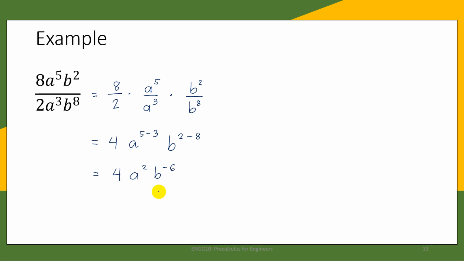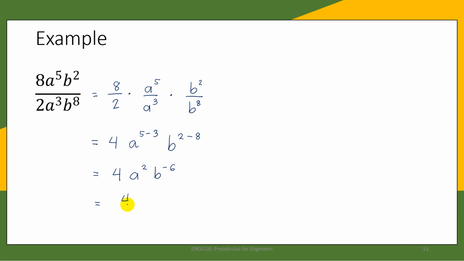This is not yet simplified because of the presence of the negative exponent. So what do we need to do with this negative exponent? We need to get the reciprocal. This means that this part of the expression will be transferred to the denominator.